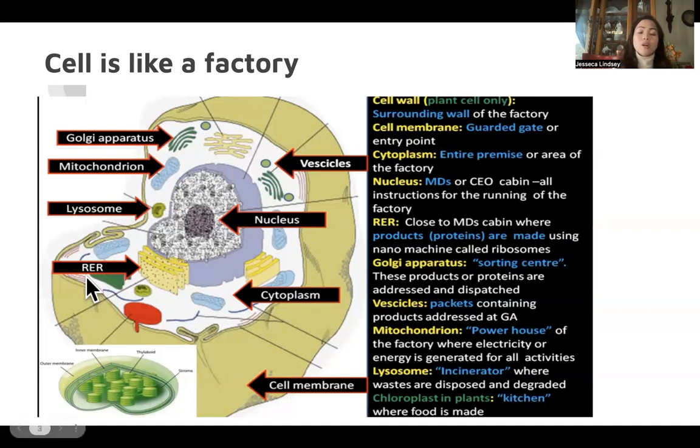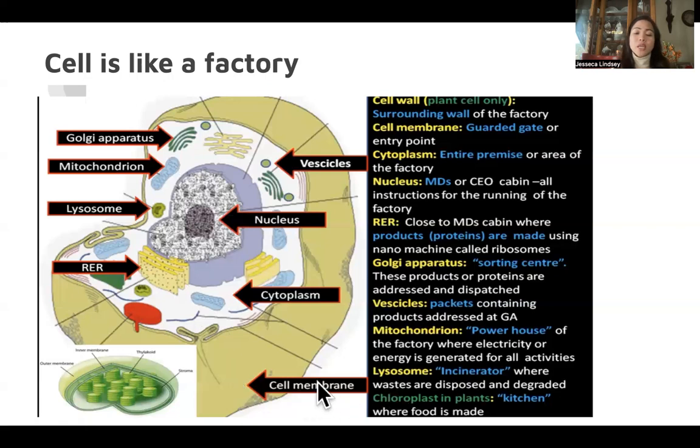ER: we have rough ER and we have smooth ER. So this is rough ER. Rough ER is known to have ribosomes attached to it. Rough endoplasmic reticulum is like the hallway where the ribosomes are going to pass through and move on to transportation.